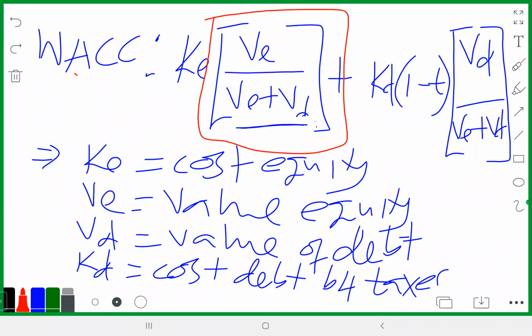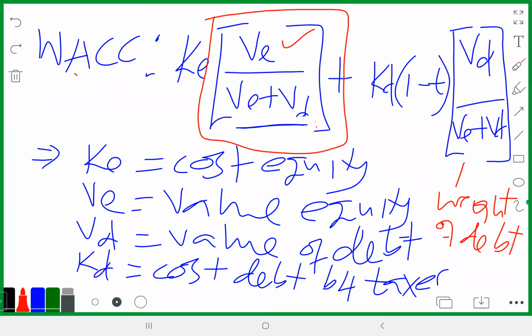We have expressed the value of equity as a fraction of the total capital: out of the total capital we have, how much is equity? This side is the weight of debt: out of the total capital, how much is debt? That is how you decide around these issues.